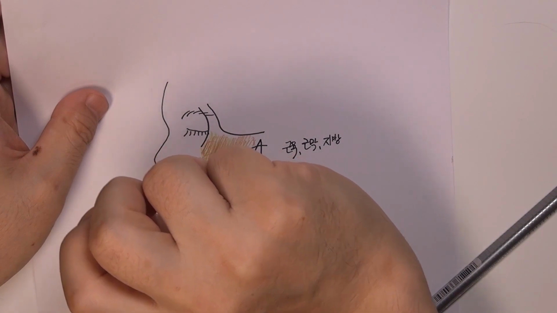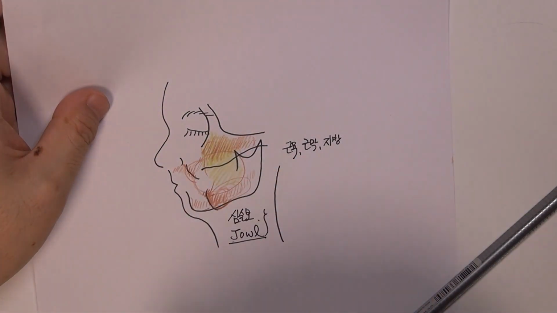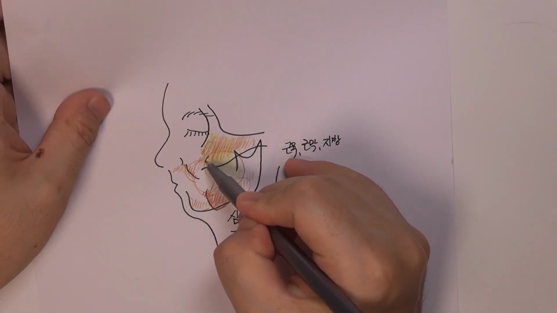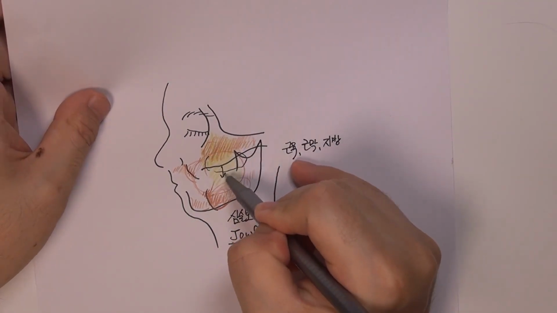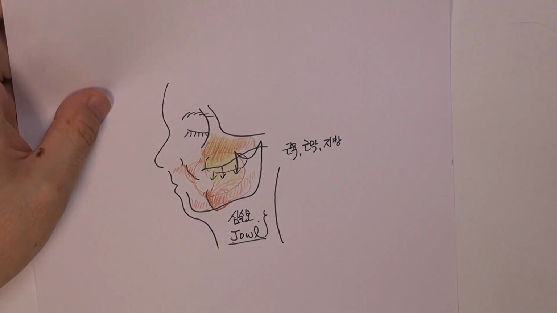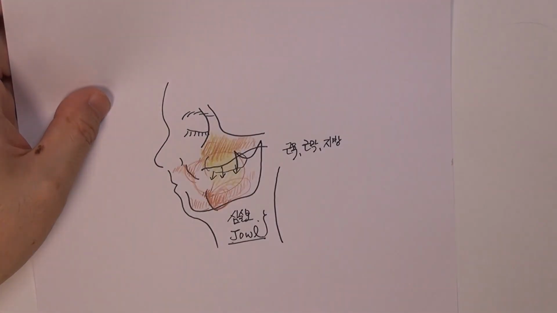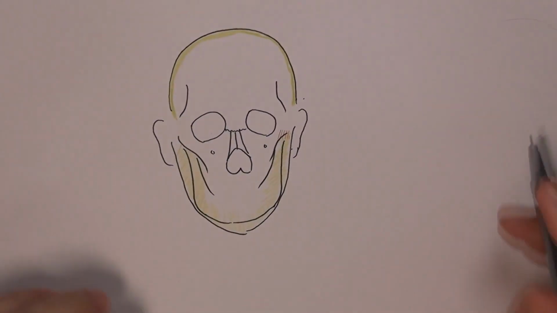However, with aging, tissues gradually escape from the hidden space. This tissue escaping increases total facial volume, especially below the cheekbone and in the outer portion of the cheek.